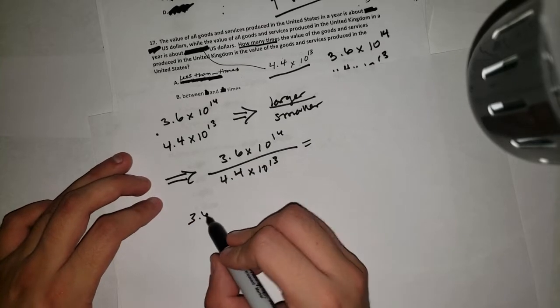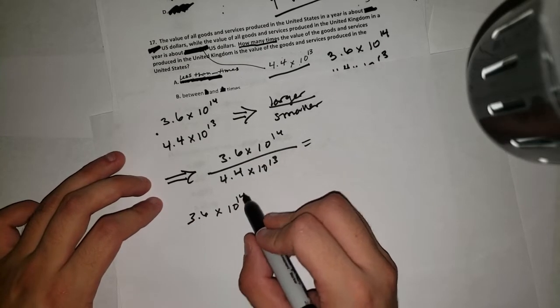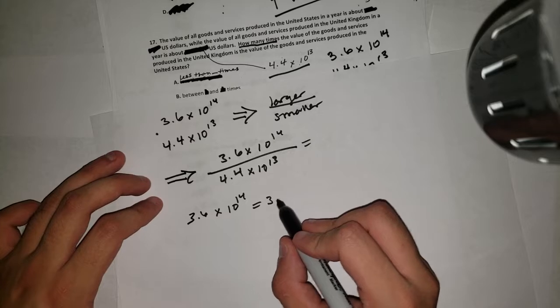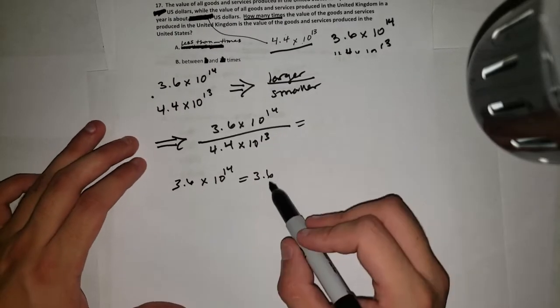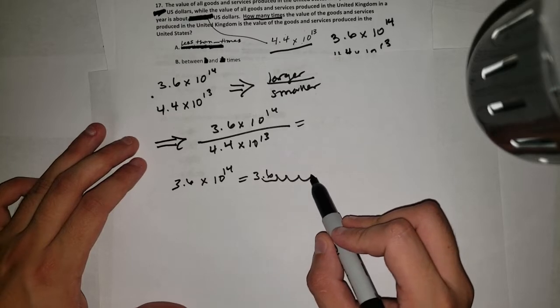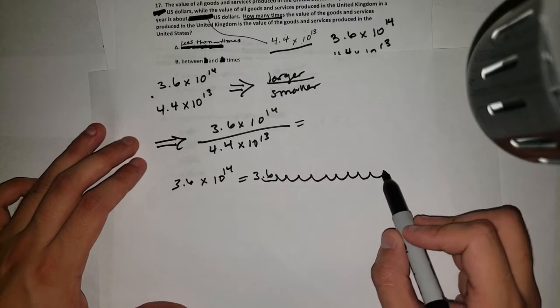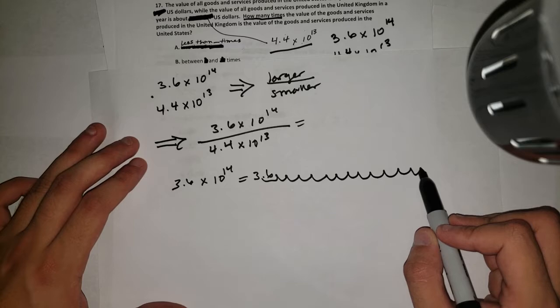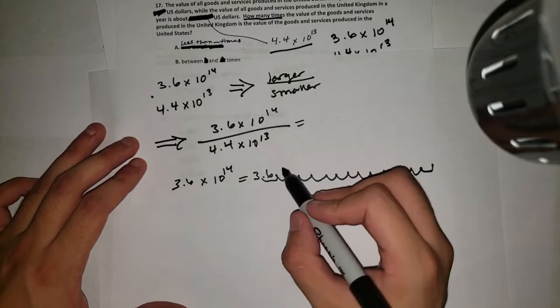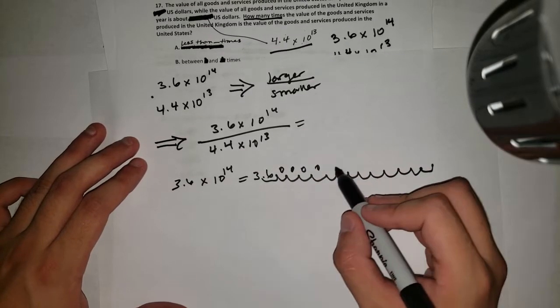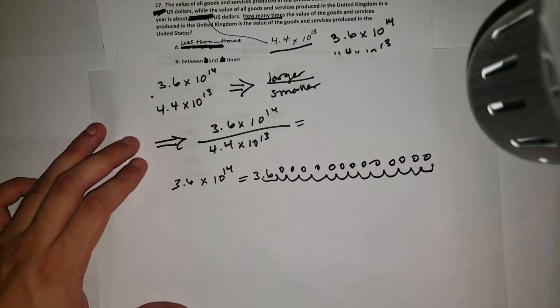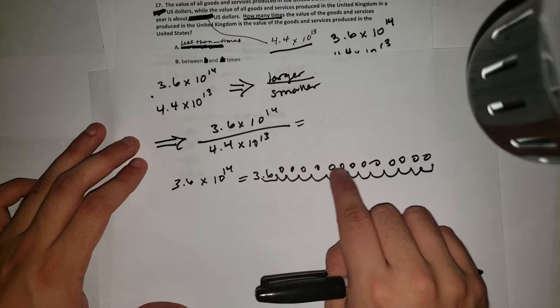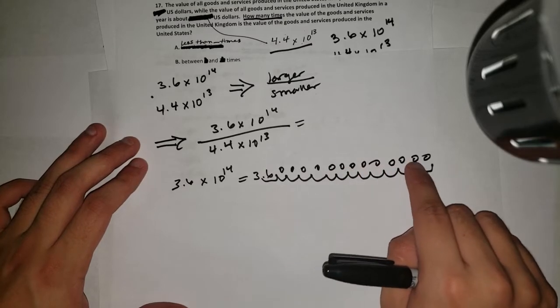So 3.6 times 10 to the 14 is going to be equal to 3.6, and we're going to move the decimal 14 times to the right. 1, 2, 3, 4, 5, 6, 7, 8, 9, 10, 11, 12, 13, 14. So we have zeros: 1, 2, 3, 4, 5, 6, 7, 8, 9, 10, 11, 12, 13 zeros.